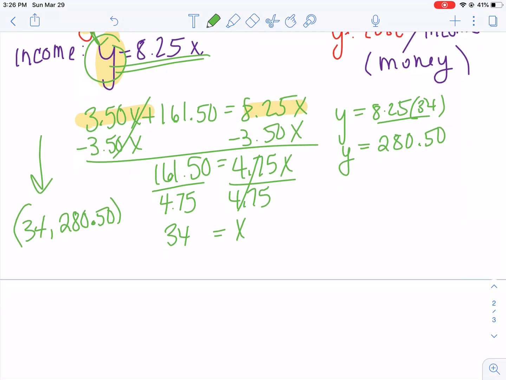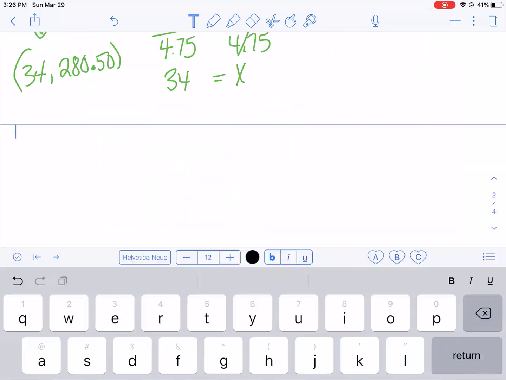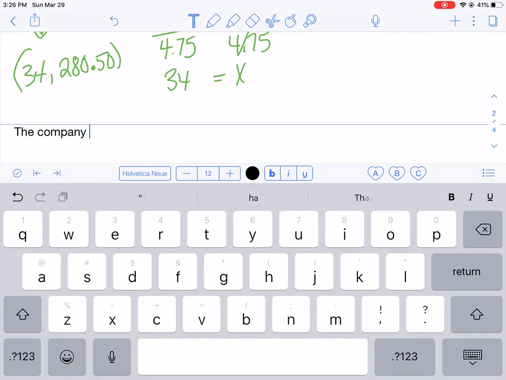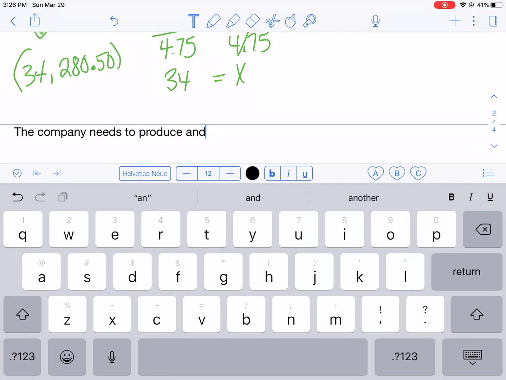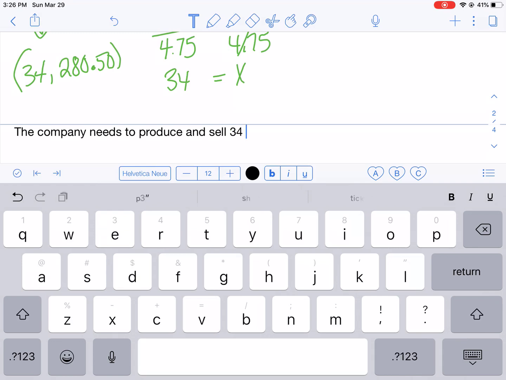Well, it means that the company needs to produce and sell 34 shirts in order to break even.